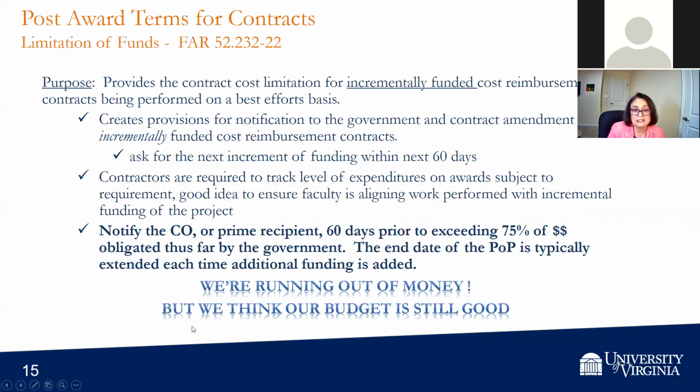You better release the next increment quickly. So this is a little different from the previous clause, because here we are still staying within our budget, but we are running out of money. So you better release the next increment so that we can start spending and we can invoice you to get the payments back.